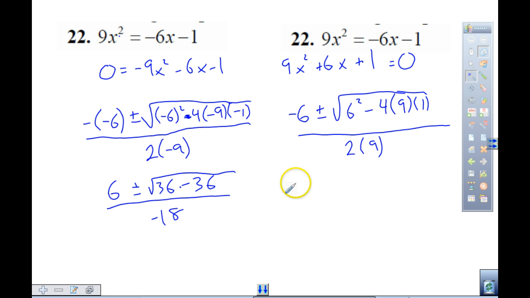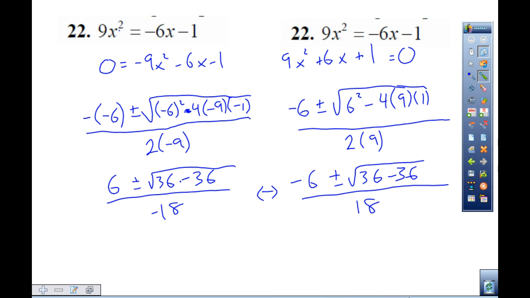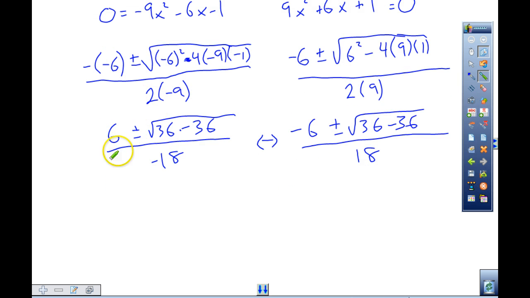So we'll get negative 6 plus or minus the square root of 36 minus 36, all over 18. So do these give us the same answer? What's different about these? You can see that here the negative's here, on this one the negative's here.